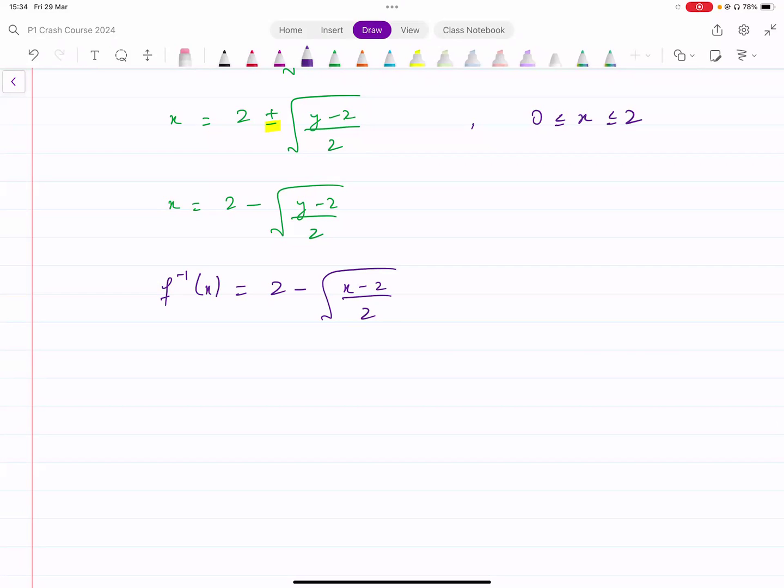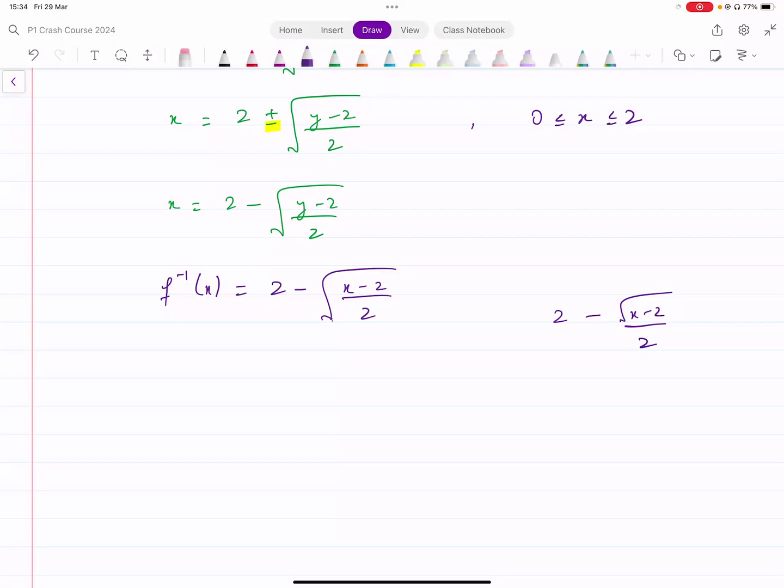Now, there's a very common error that people make while writing this result at the end. If you write it like this, 2 minus square root of x minus 2 over 2, that is not acceptable. While you're doing the exam in a flow, a lot of times you don't make it clear that the square root is in both numerator and denominator.